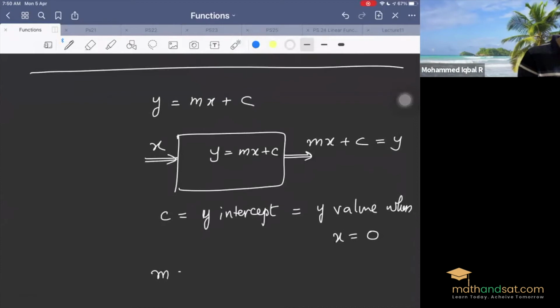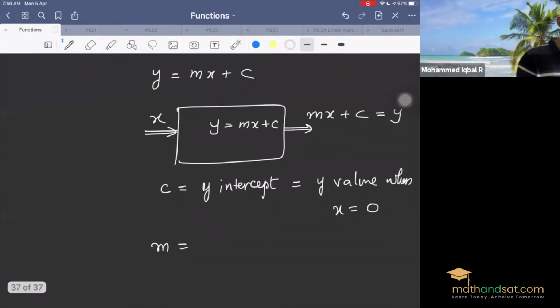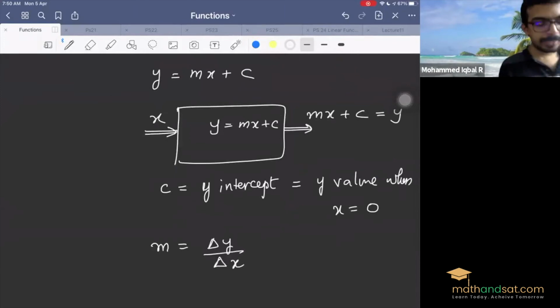Your m value is nothing but delta y by delta x. Change in y value divided by change in x value.